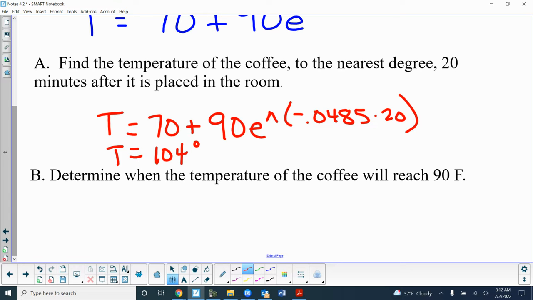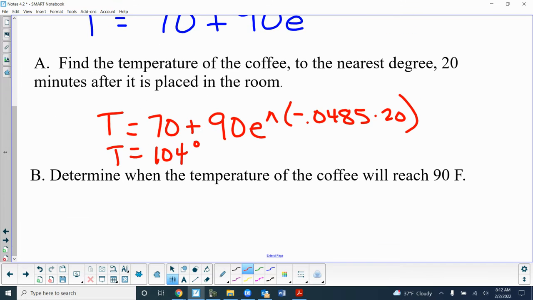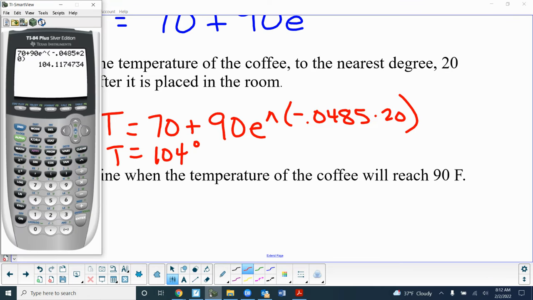Okay? So we haven't figured out yet how to solve for T. You know, if we put 90 here, I'm going to show you eventually how to solve for T. But since I haven't showed you yet, here's what you should do for this part. Put this in your y equals that formula.